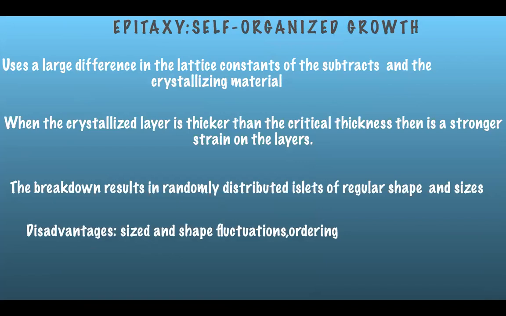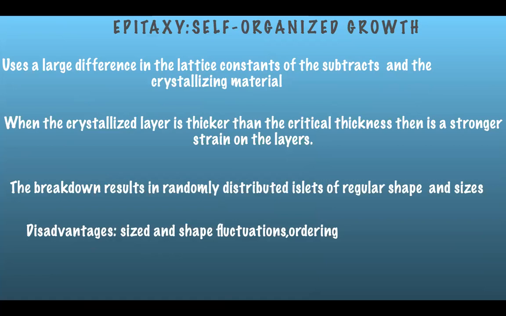Here the epitaxy, the second one, self-organized growth, uses a large difference in the lattice constant of the substrate and the crystallizing material. Then the crystallized layer becomes thicker than the critical thickness, resulting in strong strain in the layers.